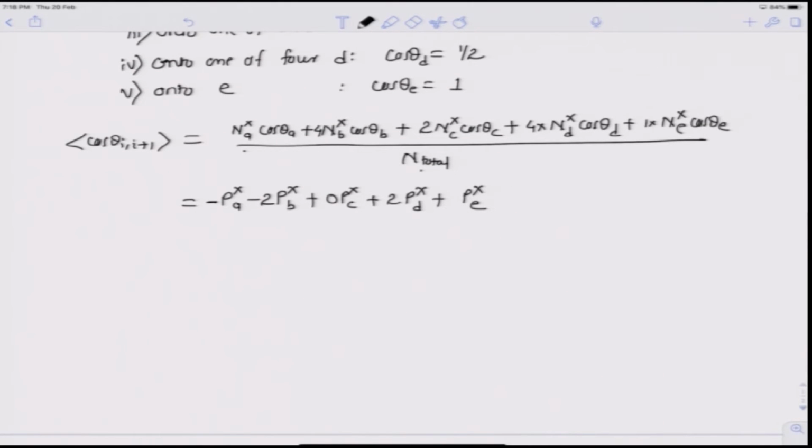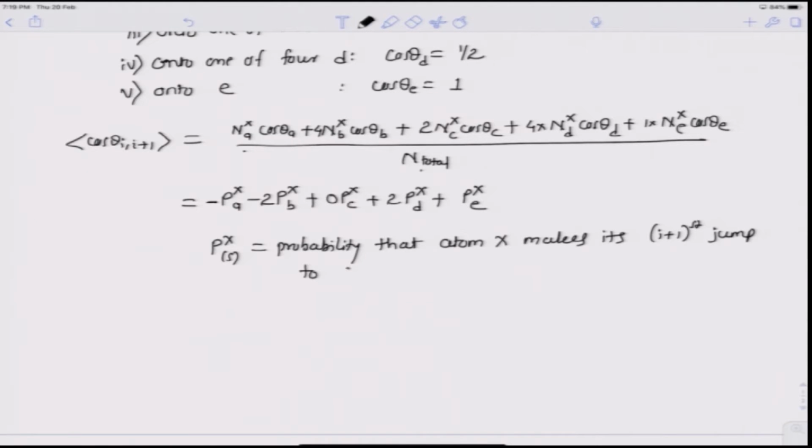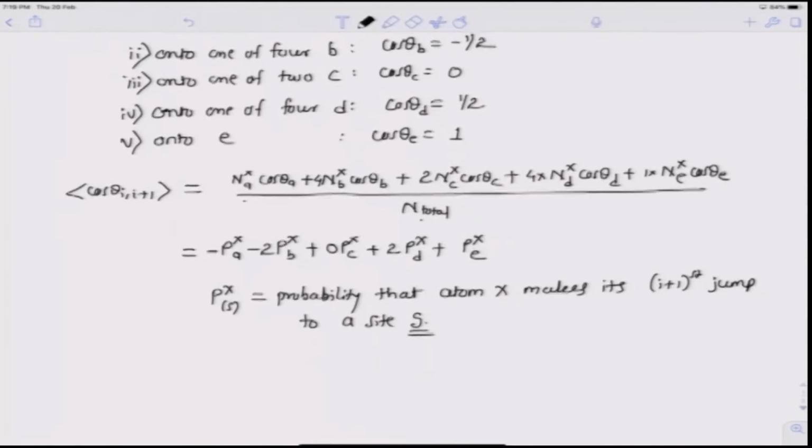So, now we need to find the probability P_xs. Let us denote this P_xA, P_xB, P_xC in general by P_xs. This is the probability that the tagged atom X makes its i plus first jump to a site S. Now, what is this probability P_xs?